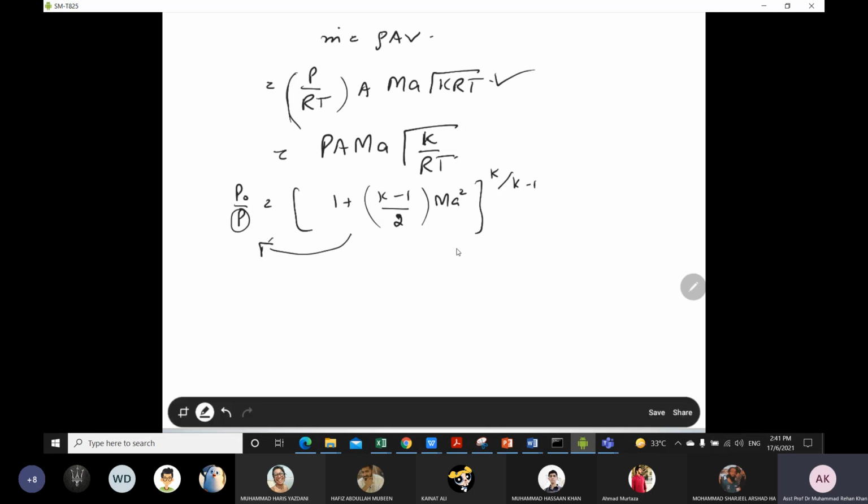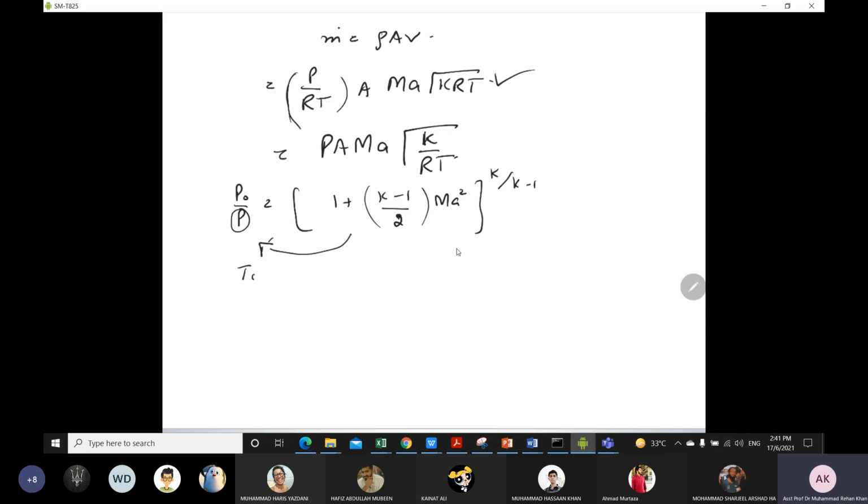So P naught divided by 1 plus K minus 1 divided by 2 Mach square bracket K divided by K minus 1 is the value of P. Similarly, you can find the T value from T naught by T equals 1 plus K minus 1 divided by 2 Mach square.